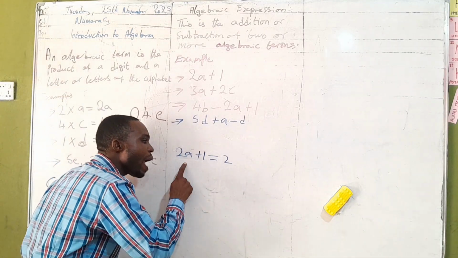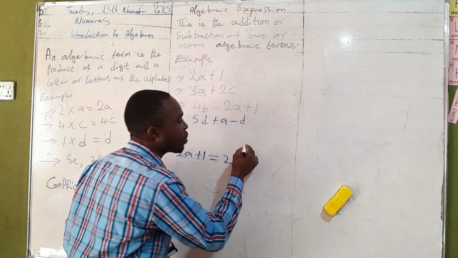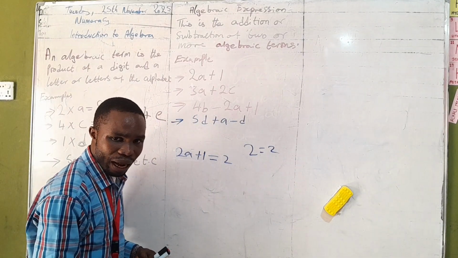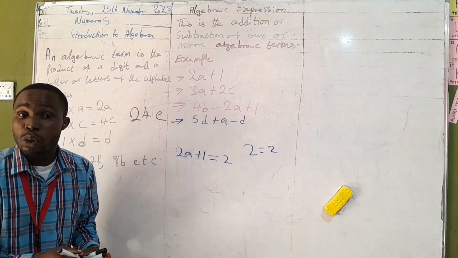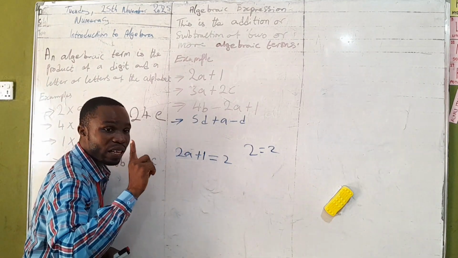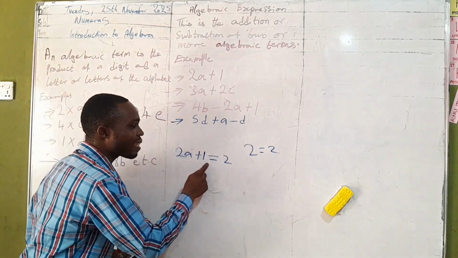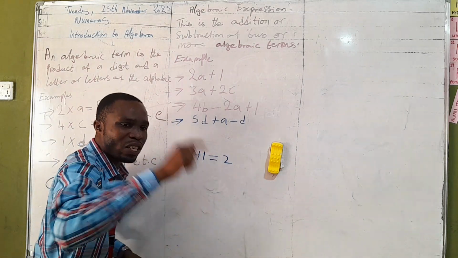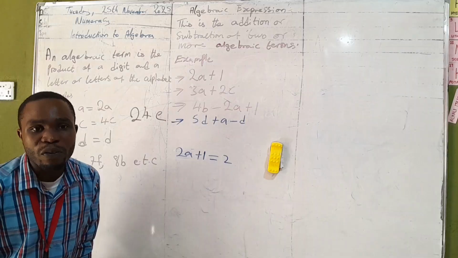That is, 2a plus 1 is equal to 2. It's the same thing as when you say 2 is equal to 2. That's what this mathematical statement is trying to tell us: that everything that is here is equivalent to 2. Now, what you are to do in this case is to verify whether this mathematical statement is correct. How do you verify that? That is the process of solving the equation.